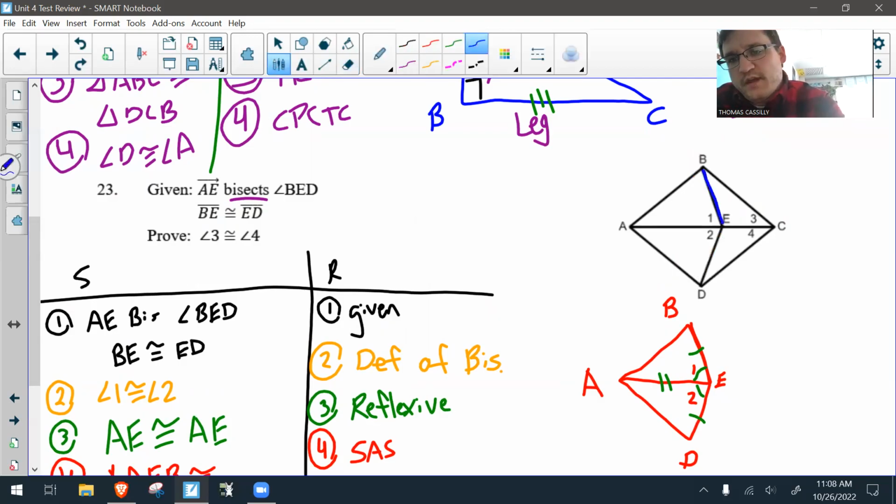So we have this blue triangle, BEC and DEC with the blue triangles. That has angle 3 and 4 on it. But notice how we also have the big outside triangles I'm going to draw in green. All right, so angle 3 and angle 4 also belong to the green triangle, the big outside triangles.